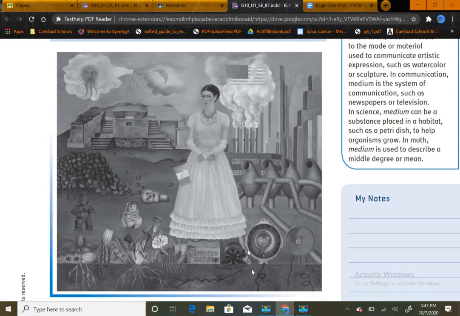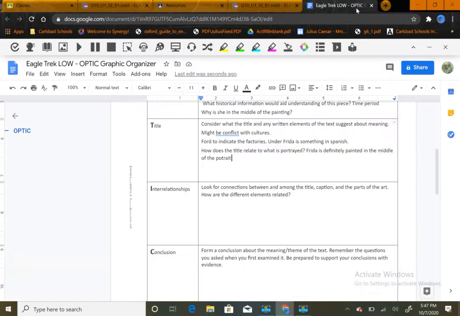This side looks like there might be a lot of photographs taken of her, a lot of attention on her. This side, it doesn't. So there's lots of things here. So relationships between the two. How are different elements related? They all relate back to her experiences, meaning Frida.